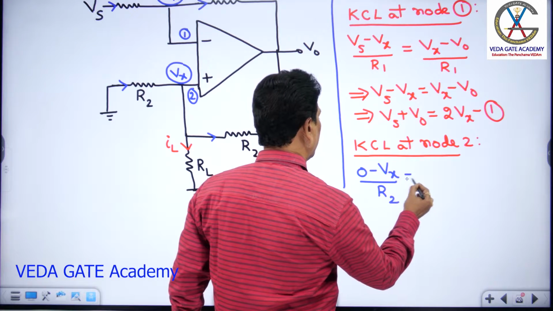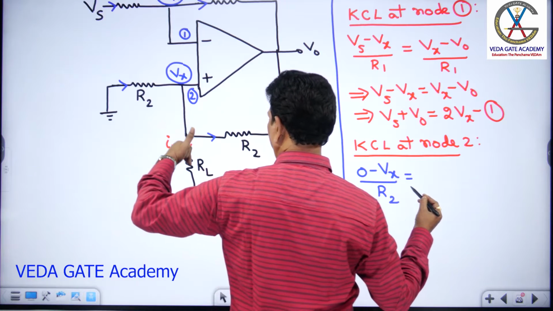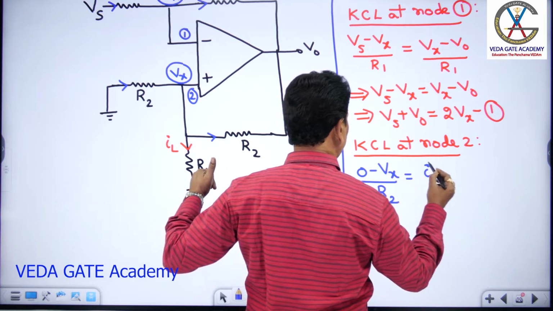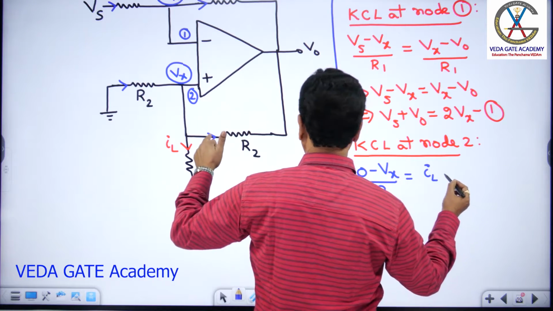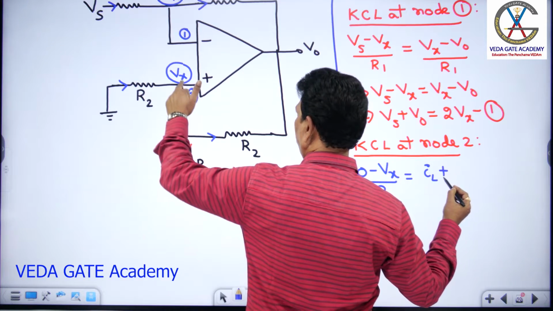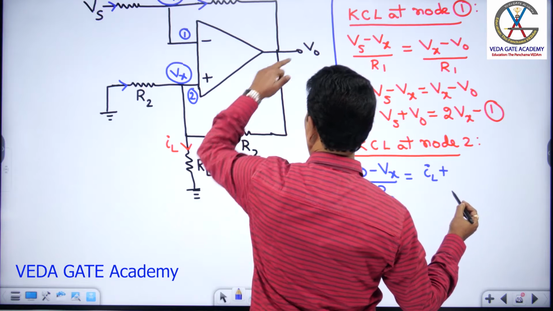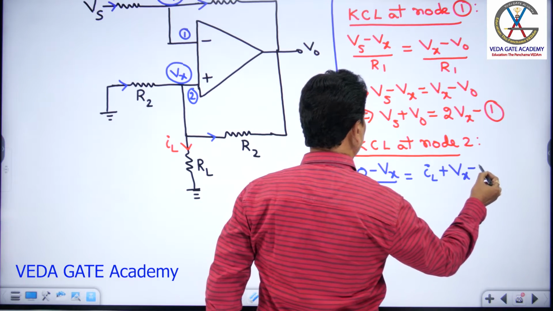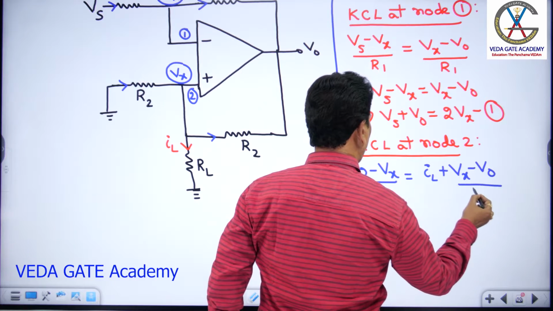Equal to, now I need to calculate the current IL in this branch RL, that I take out as IL. The current in the other branch is defined by the node voltages, Vx and V0, that becomes (Vx minus V0) by R2.